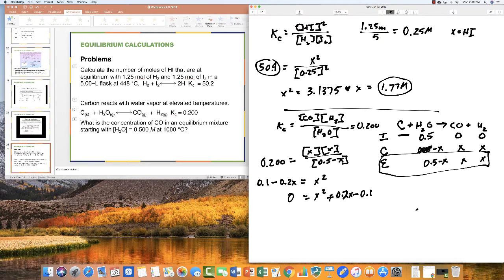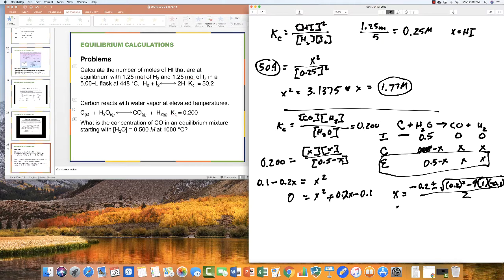And you can plug this into your negative b plus or minus formula. So x equals negative 0.2 plus or minus the square root of 0.2 squared minus 4 times a, which is 1, times c, which is minus 0.1, all over 2a.